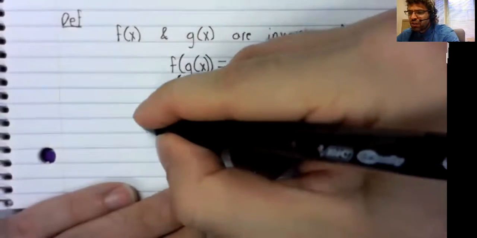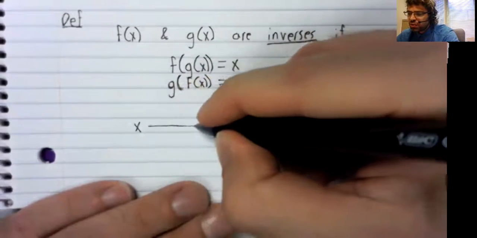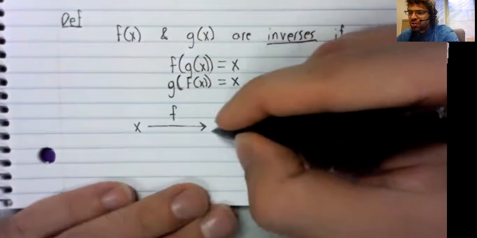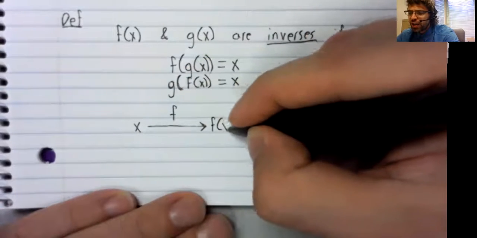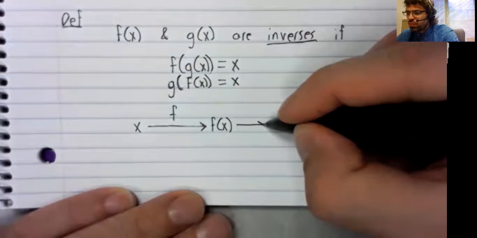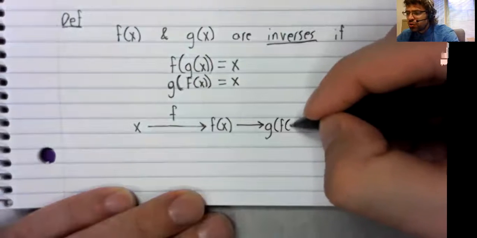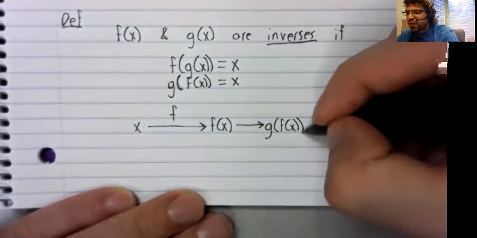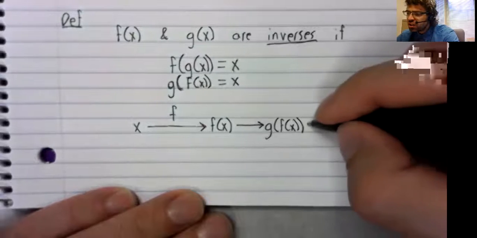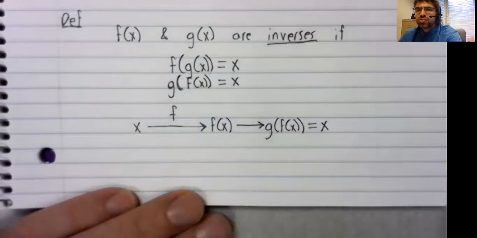You have x. You apply f to it, you get f of x. You apply g to that, you get g of f of x, but g of f of x equals x.